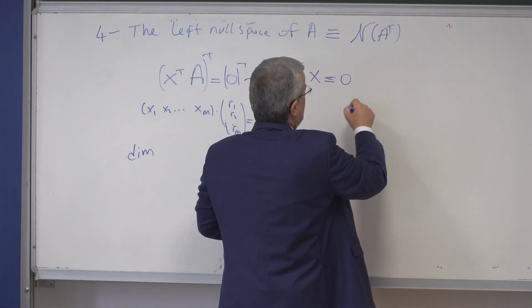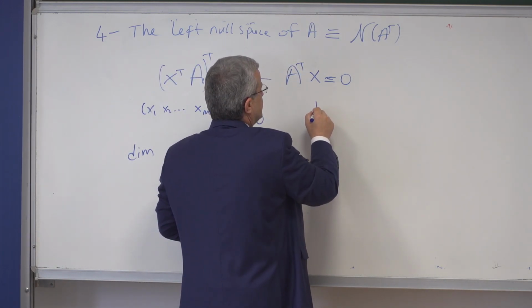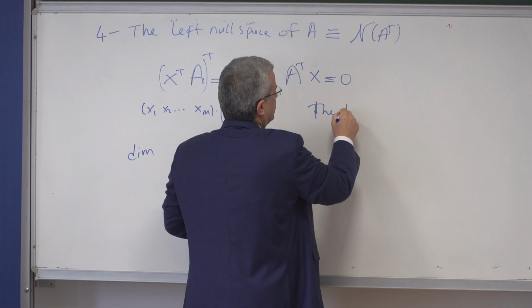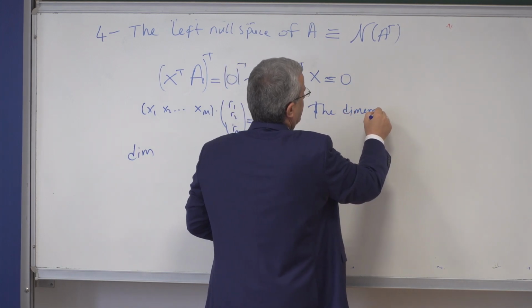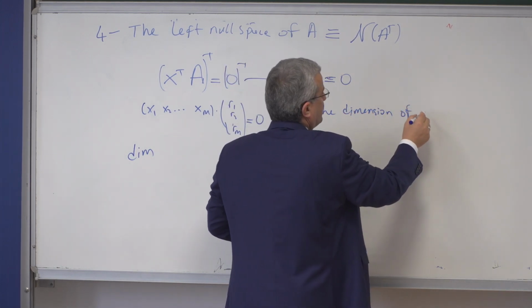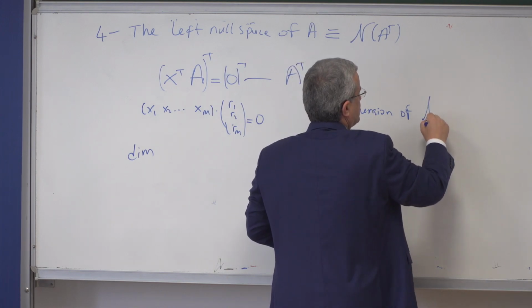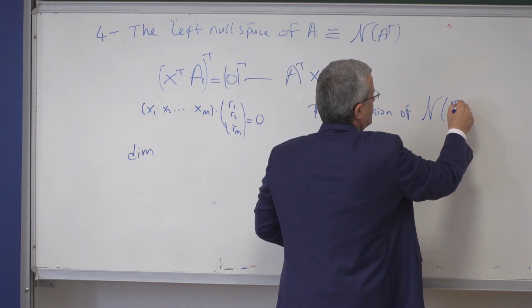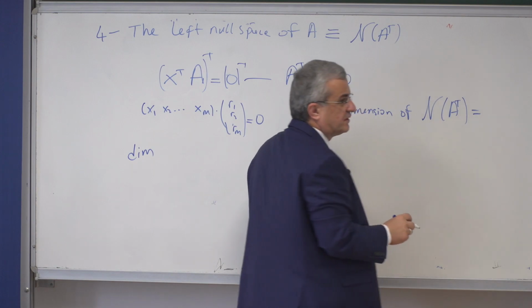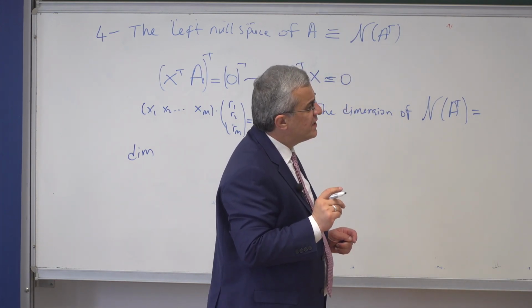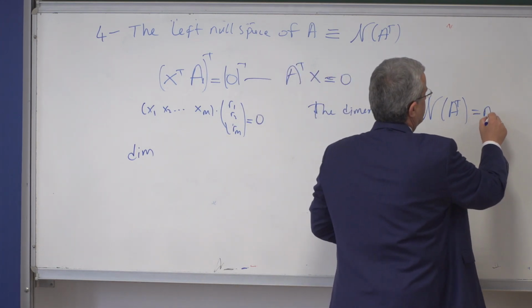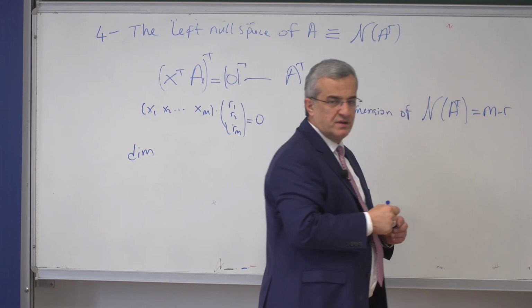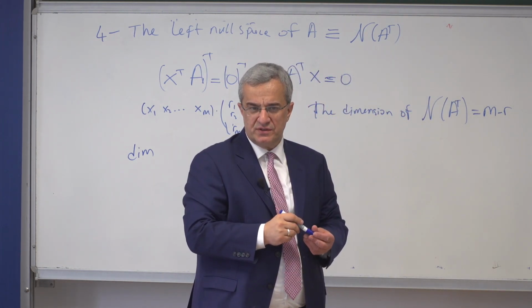So what is the dimension of the null space of A transpose? It is M minus R. Yes. So they complement each other.